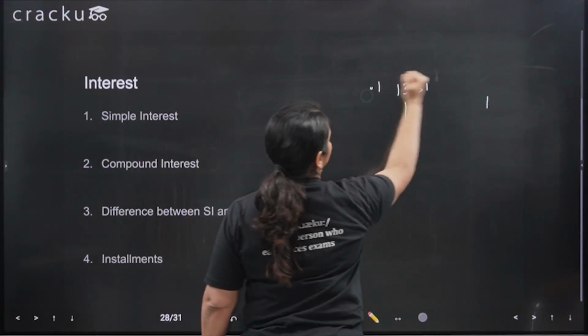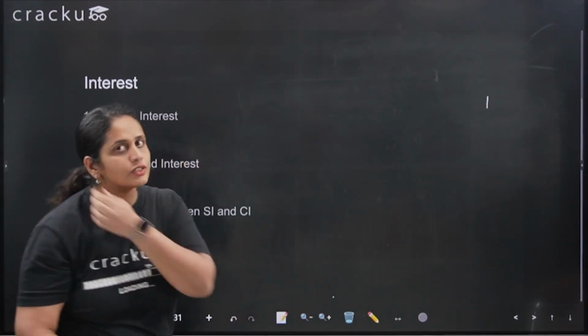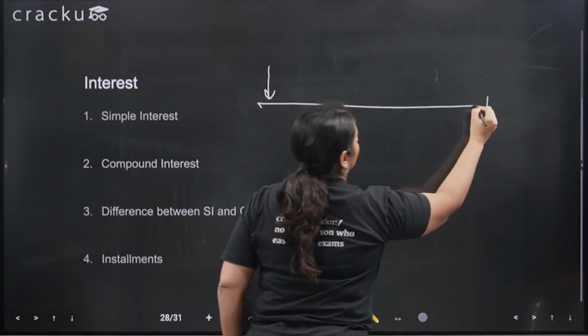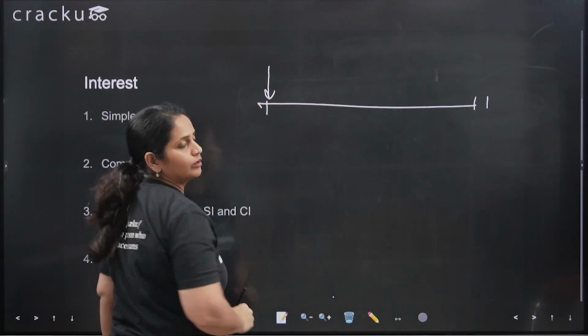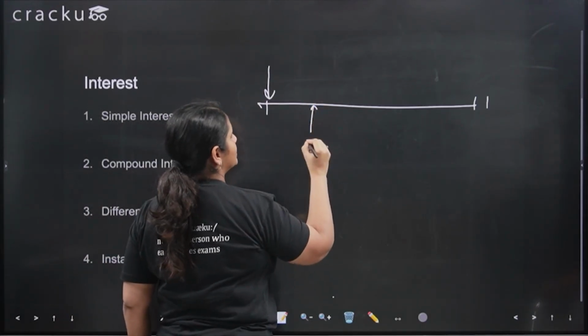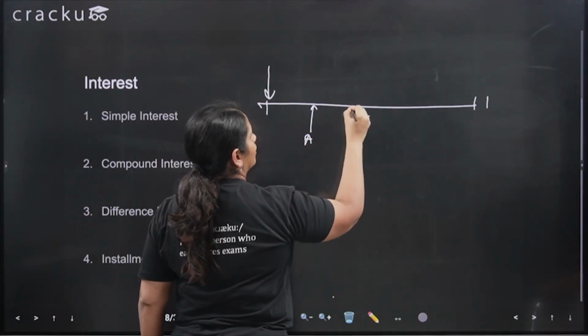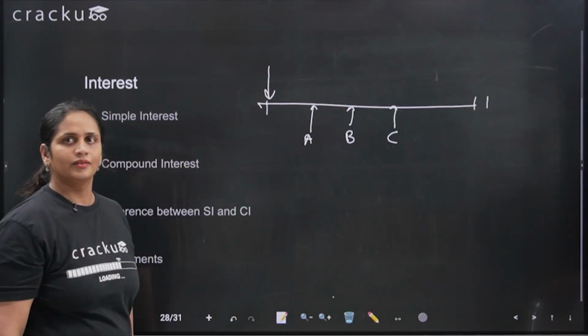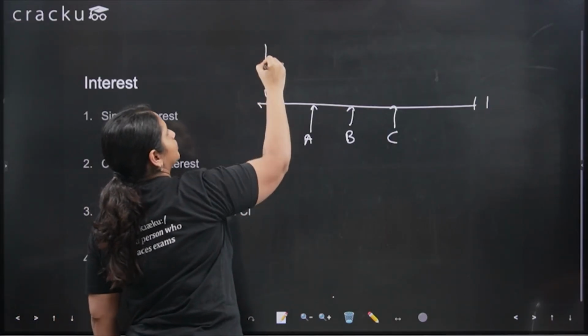So installments basically mean that if I get some money today, I have to give it back on a regular schedule. Suppose I give it back in 3 installments, say A, B and C, and suppose this is the principal.